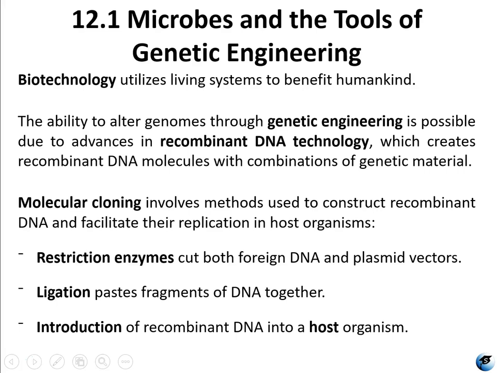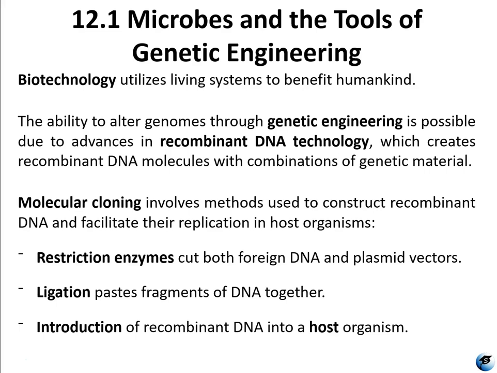12.1 is talking about microbes and the tools of genetic engineering. We call this whole idea of genetic engineering, taking advantage of systems that exist in biology to benefit humankind, biotechnology. So being able to alter genomes and do things like recombinant DNA technology, this is all genetic engineering.